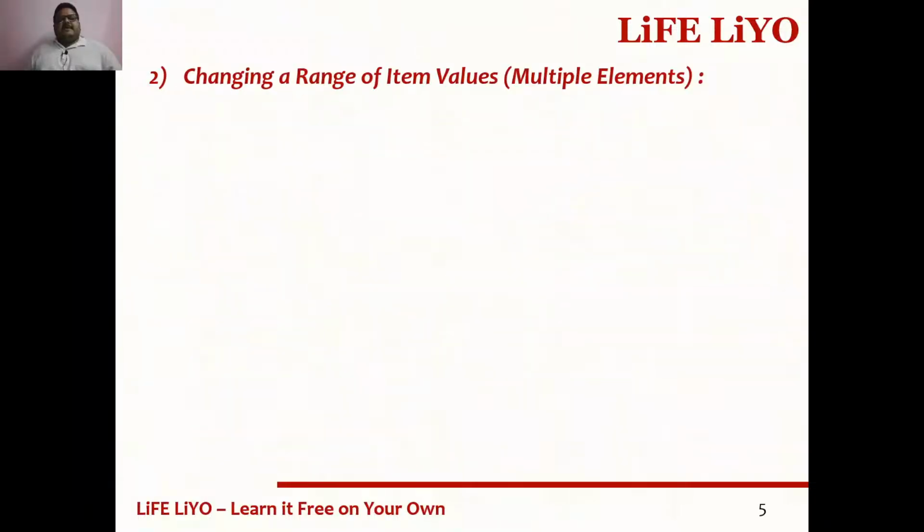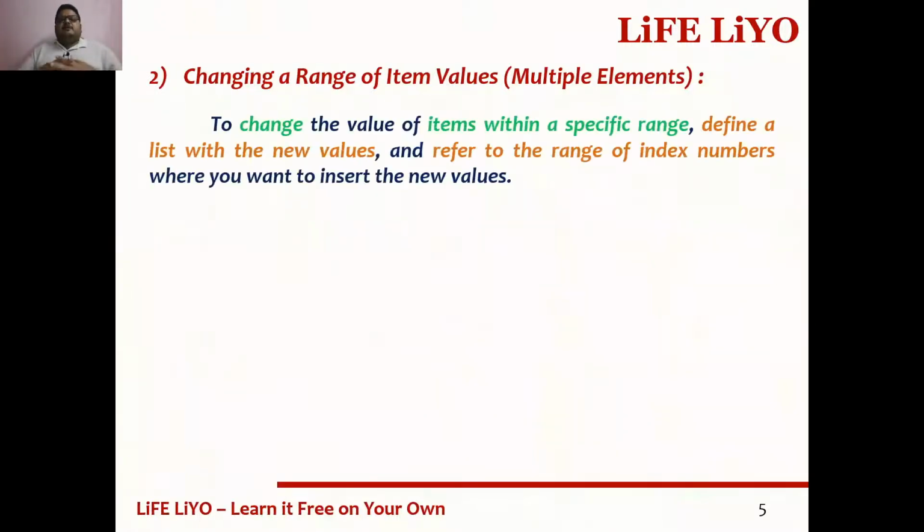Now, changing a range of item values. If you want to change a set of consecutive values from a list, how can we do it? Simple. To change the values of items within a specific range, you have to define a new list with the values, and refer to from which point to which point you want to insert the new values.